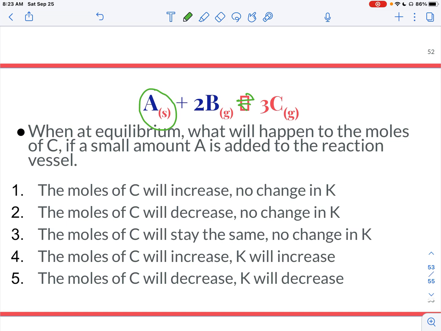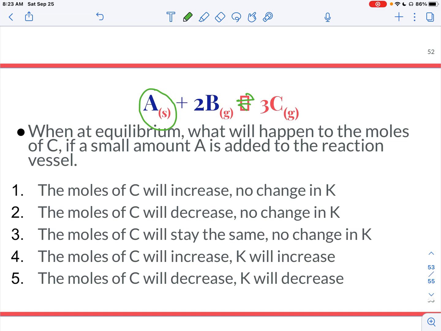That's not in our equilibrium expression. If we added enough that it changed the volume and changed the pressure, that's a different story. But here, we're just adding a small amount. We can assume that the change in volume would be negligible.